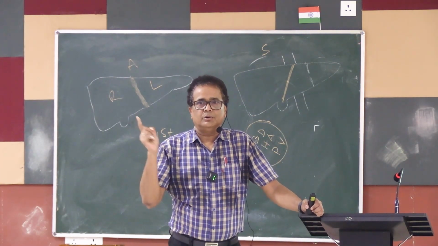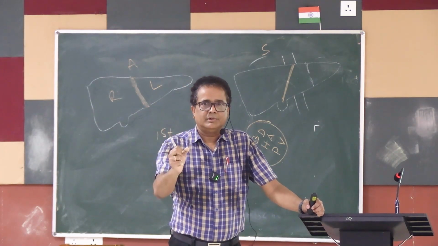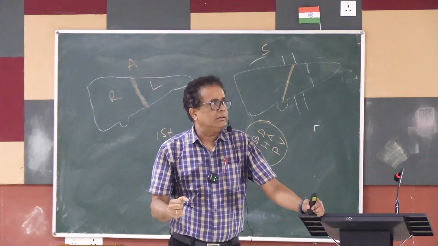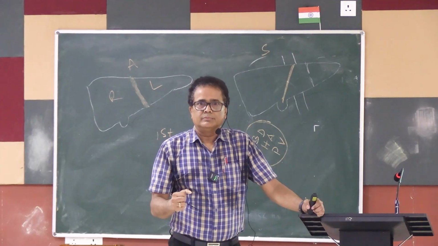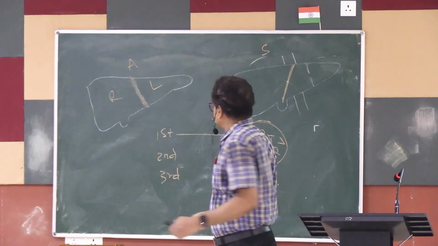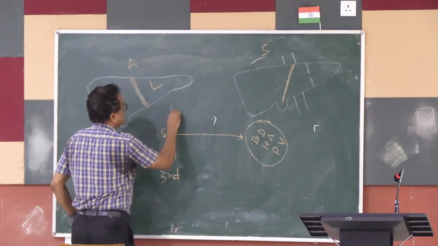Right goes to the right lobe, left goes to the left lobe. Similarly, they have the same ductal drainage, draining the bile, the right duct from the right lobe and the left duct from the left lobe. And so does the portal vein, one for each. So the first division is divided into two hemilivers.